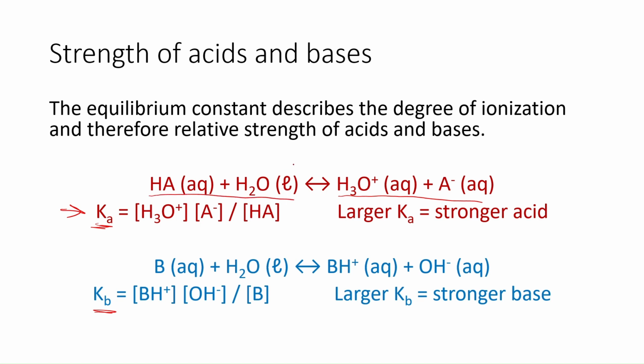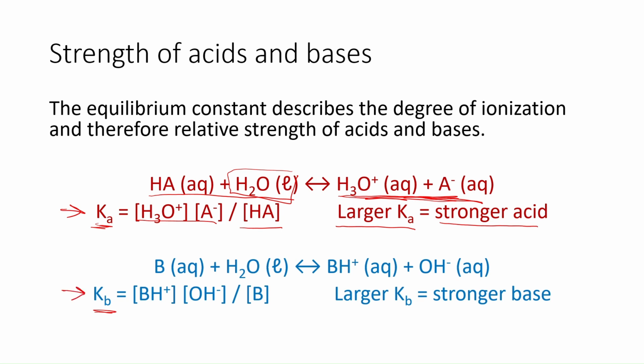And here, as per convention, we exclude the liquid water. So we have the hydronium ion and the conjugate base as the numerator in this equation for the Ka, and the weak acid as the denominator. The larger the Ka, meaning the more shifted it is towards the product and the conjugate base, the stronger the acid.